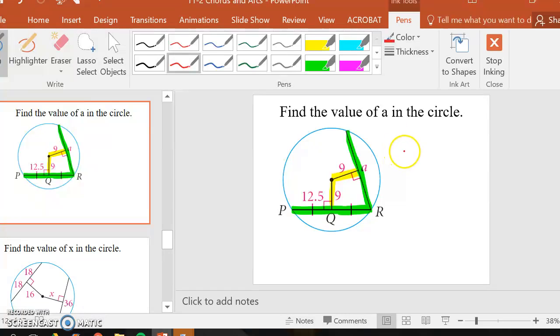And if that's the case, if PQ is 12.5, QR is 12.5, now we could say PR is equal to 25 units, and since they are congruent, A would have to be 25 units.